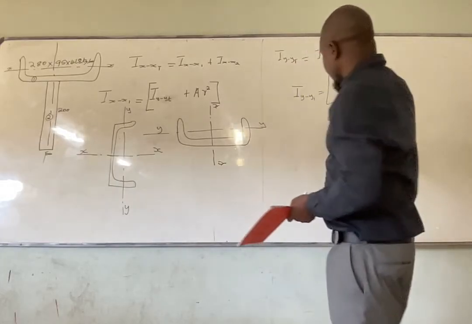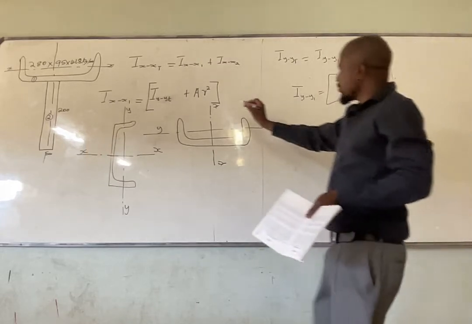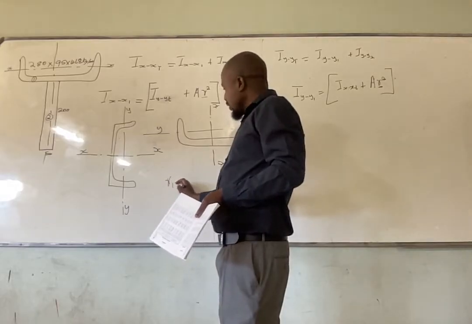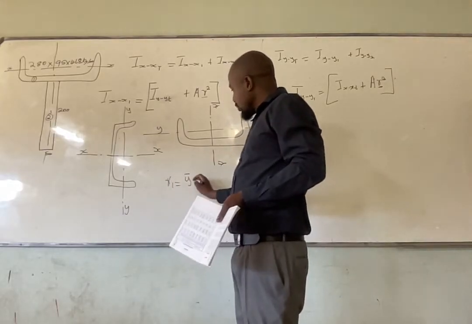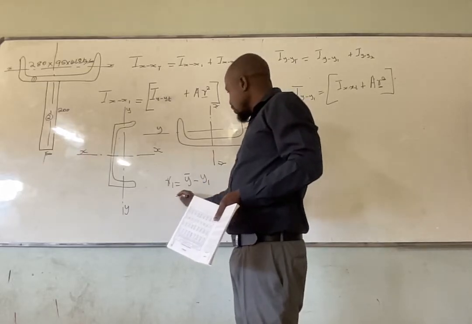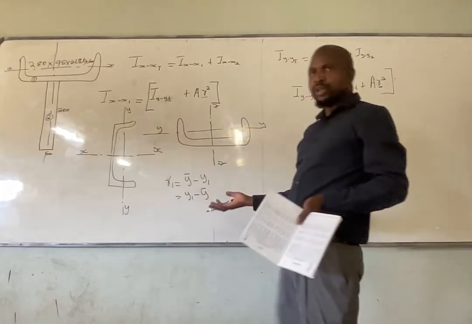And in this case, for you to get R1, you need to take Y bar and subtract Y1, or take Y1 and subtract Y bar, whichever gives you a positive number.